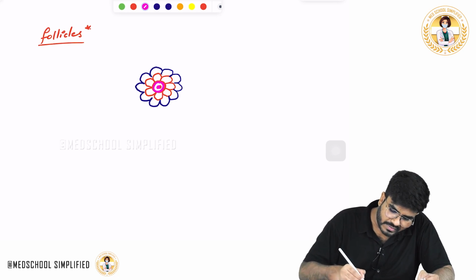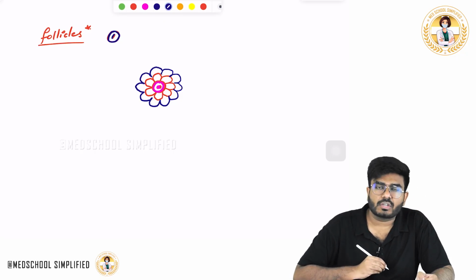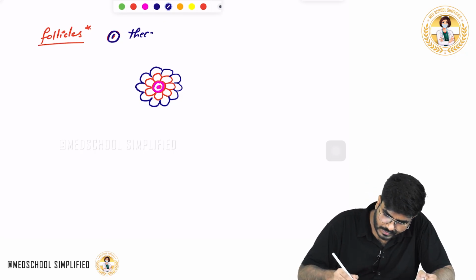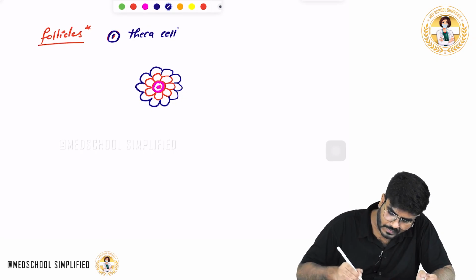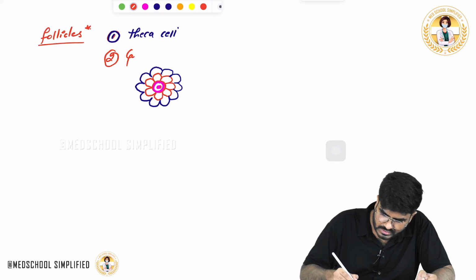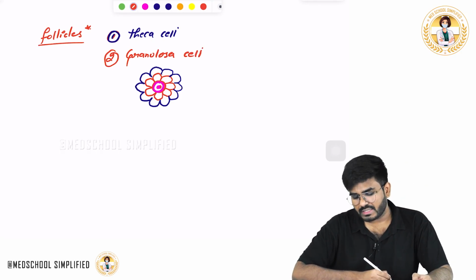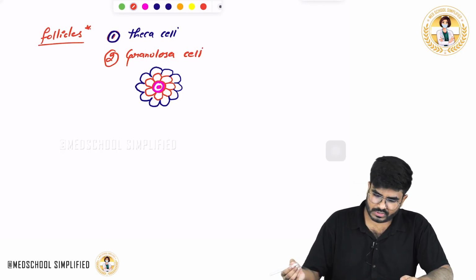What are they, sir? The first type of cell, which I am showing in the blue color, is called the theca cell. The cell which I am showing in the red color is called the granulosa cell. So theca cell, granulosa cell, and in the center there is going to be the oocyte.